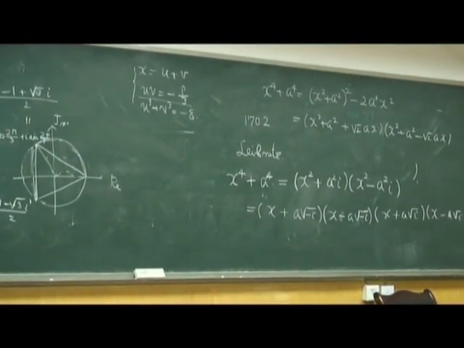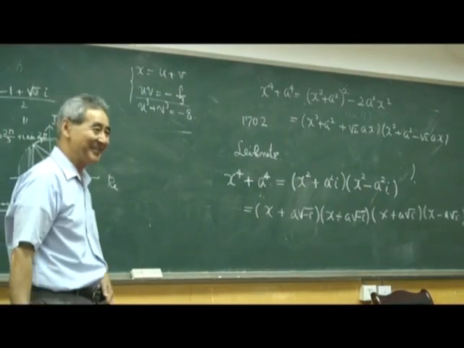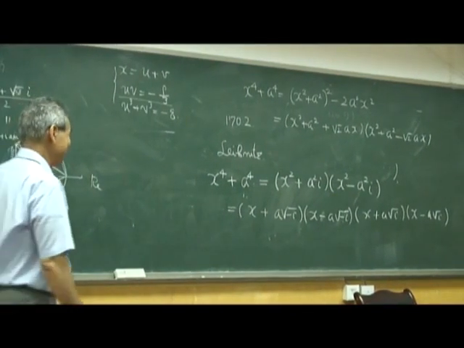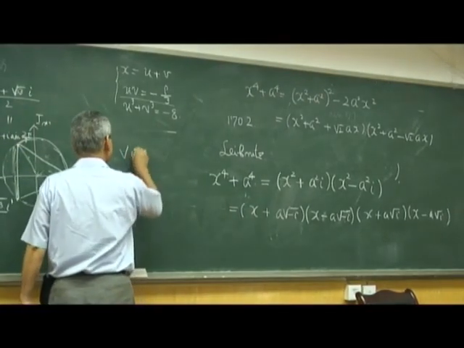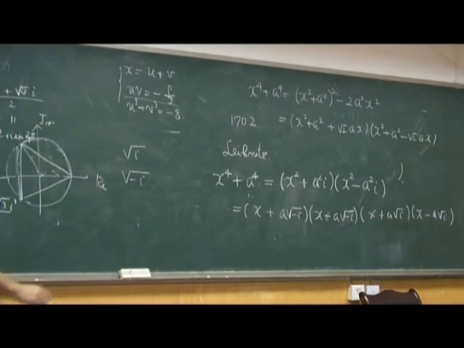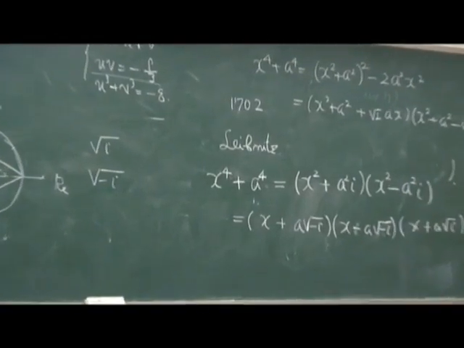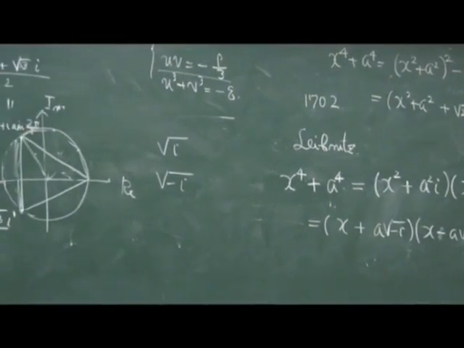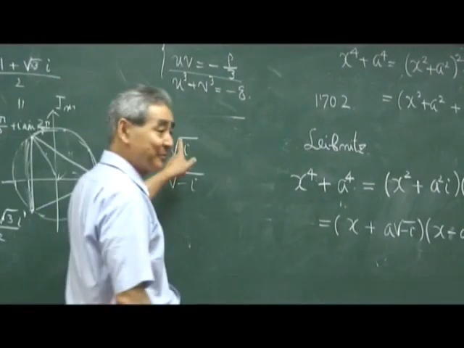Strange enough, but even such a great mathematician made a mistake. So what is this number? How can we find the square root of i, for example?